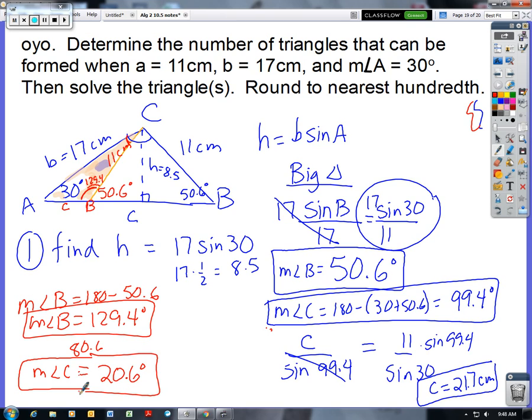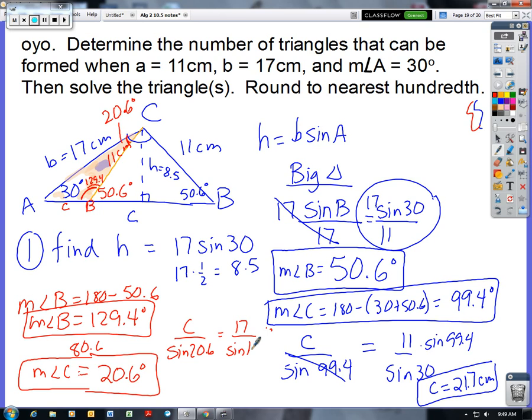So sorry. I hate to make mistakes and that gets confusing for you. Okay, 20.6, so let's redo this. I knew it just did not seem right. So I've got little c over the sine of 20.6 equals 17 over the sine of 129.4.